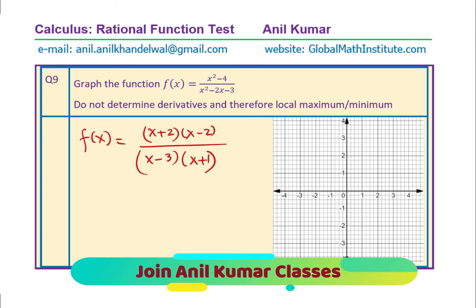So you have all this. Now, we have two vertical asymptotes, one at 3. So I'm going to sketch this vertical asymptote here. The other one at minus 1. So we have x equals minus 1 and x equals 3.